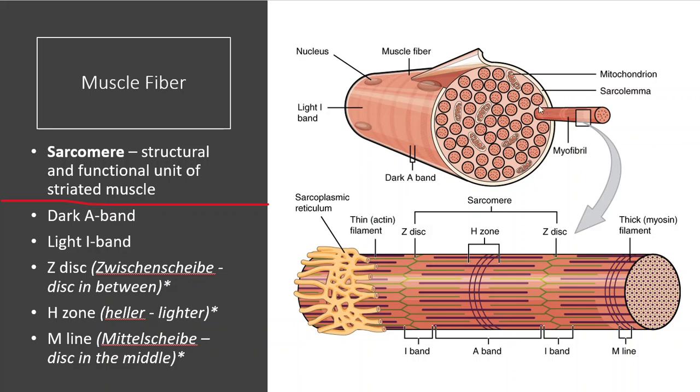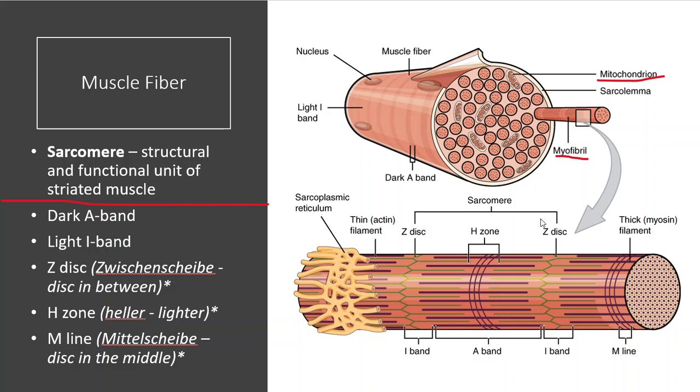And inside that one muscle cell are all these myofibrils. The myofibrils are going to contain the actual contractile structure that makes a muscle pull. Obviously, lots of mitochondria because muscle needs lots of energy.